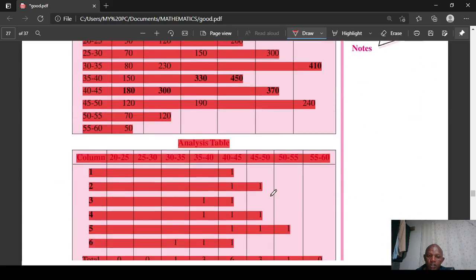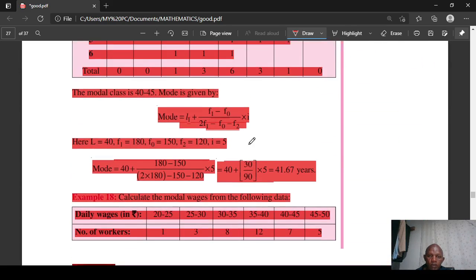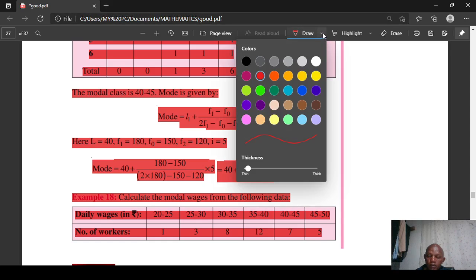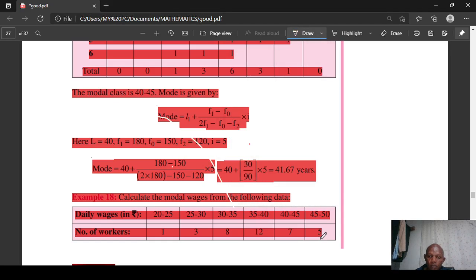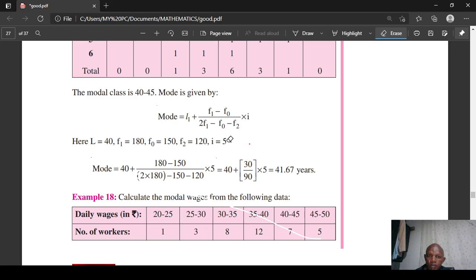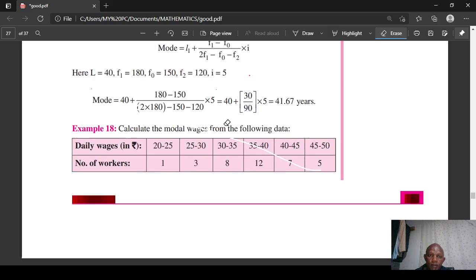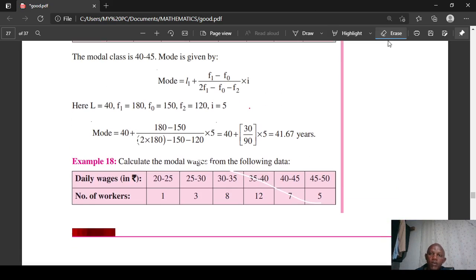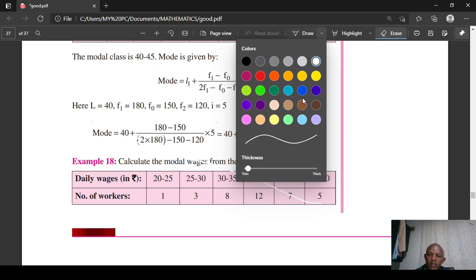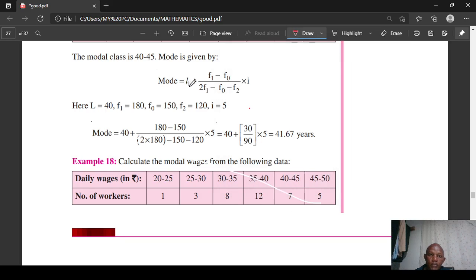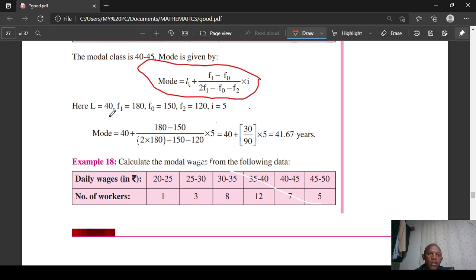So now we come here and substitute the values. Remember, it's important that we get the formula overhead. So you have your lower class boundary.